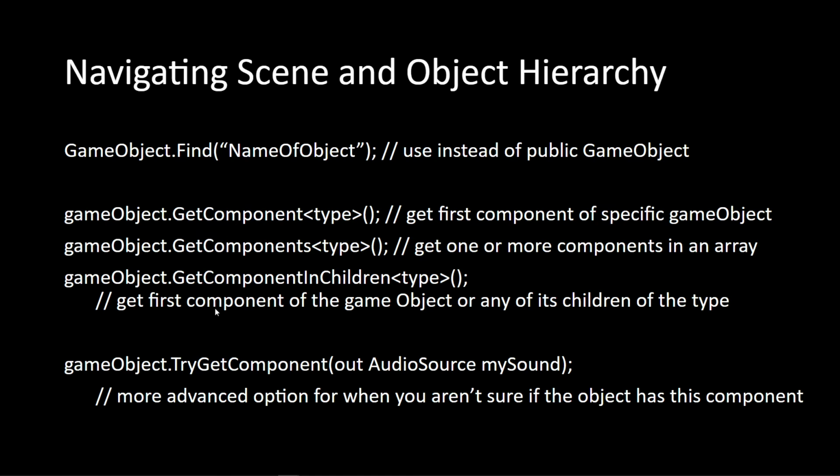And another member of that family: GetComponentInChildren. This is useful, for example, when we wanted to change the text of the toggle object. The toggle object itself on the canvas doesn't actually have a text component. It's a sub-object of that.